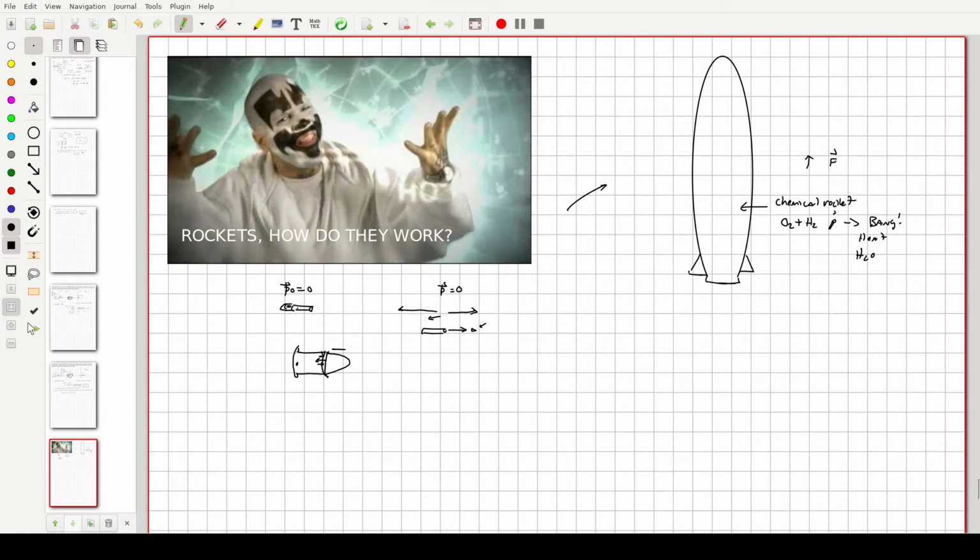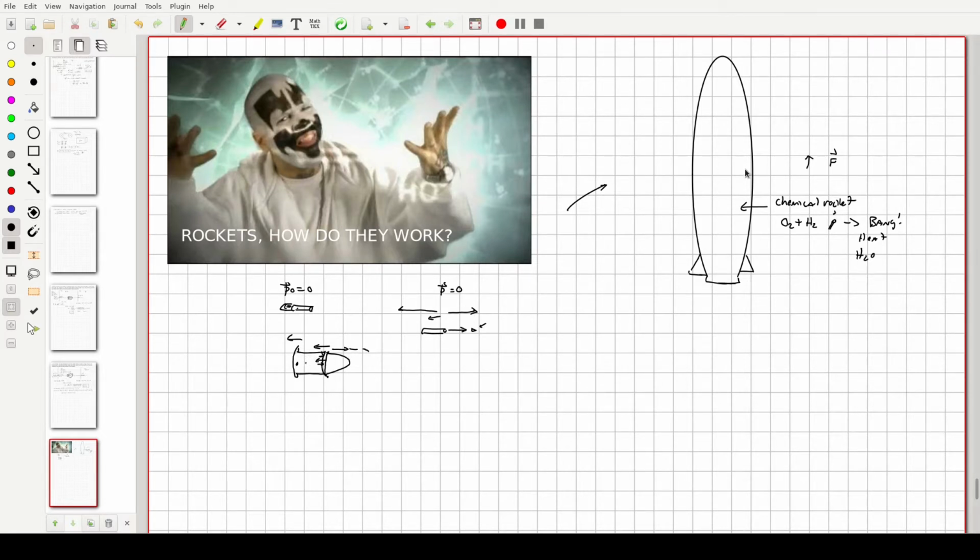When it finally pushes the bullet out, the bullet pushes back. Since the cartridge is affixed inside the rifle or the gun, it kicks back. All right, so you get the force as the bullet kicks away.